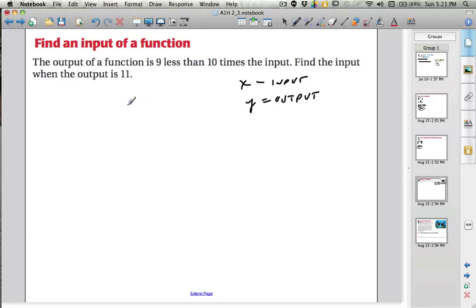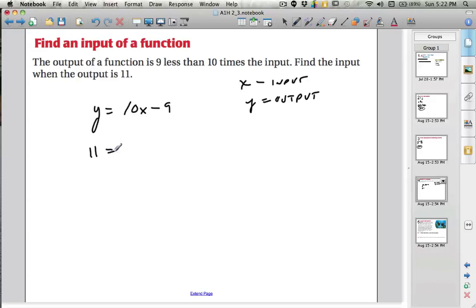Well, 10 times the input would be 10 times x. 9 less than that would be 10x minus 9, and that's going to be my output. So I've created an equation that models that, 9 less than 10 times the input. Then I want to find the input when the output is 11.